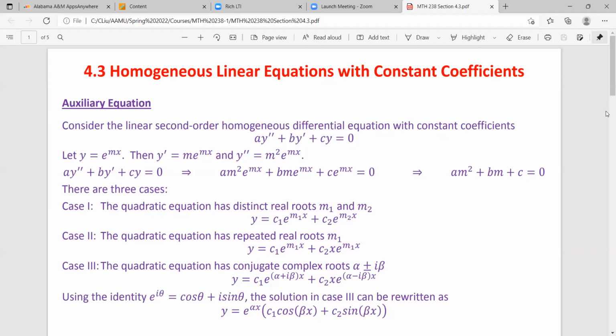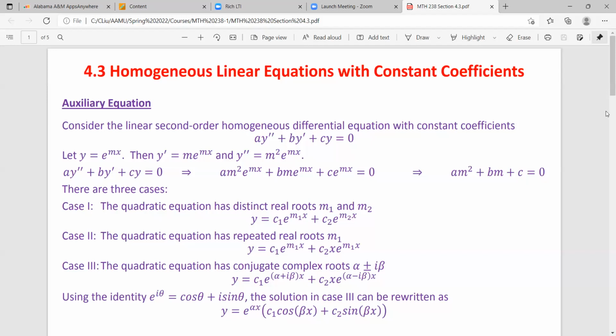So that equals 0. Then all the terms have e^(mx) that can be cancelled. So at the end, we get am^2 + bm + c = 0. That's just a simple quadratic equation. It's not the differential equation anymore.